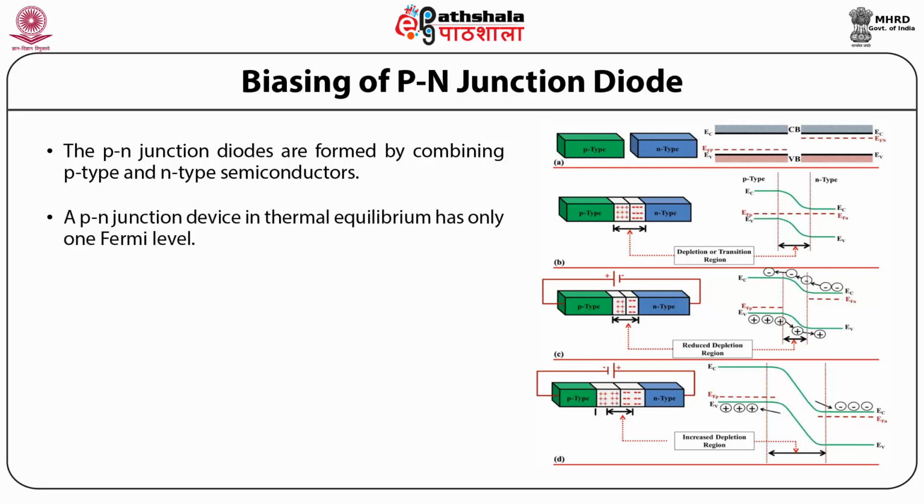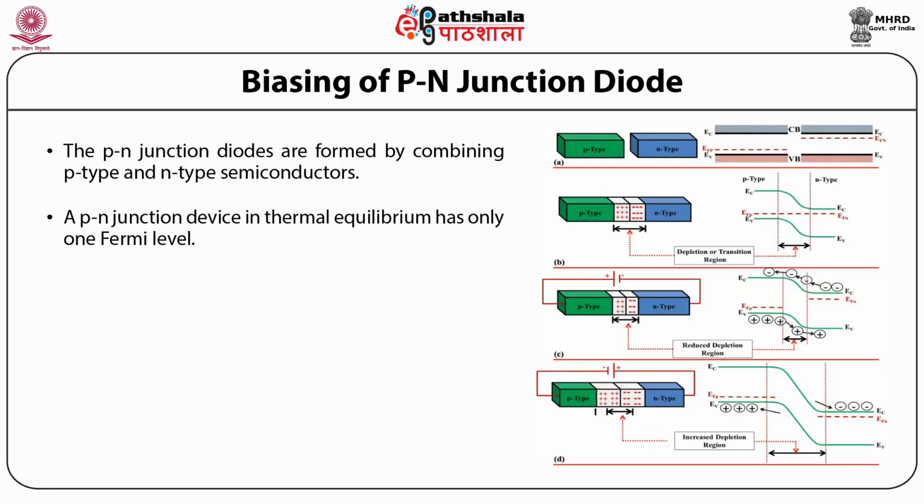A PN junction device in thermal equilibrium has only one Fermi level, which is shown in the figure, and due to the alignment of the Fermi level, the energy bands towards P-type side bend downwards as compared to the energy bands towards the N-type side. So this band bending occurs in the depletion or the transition region.